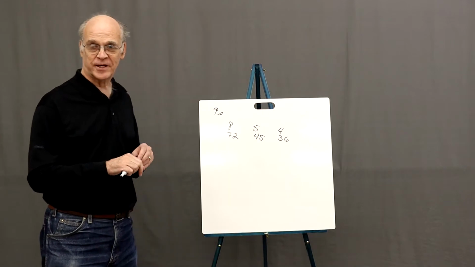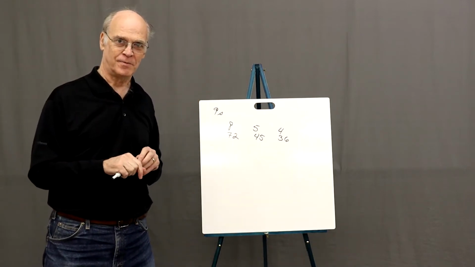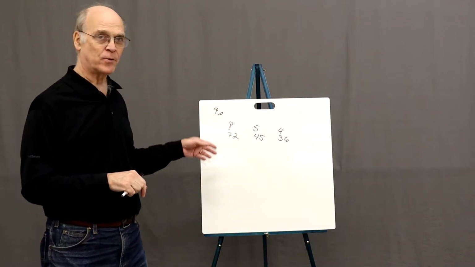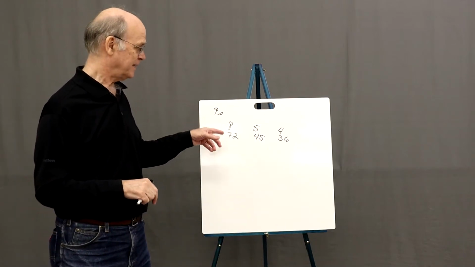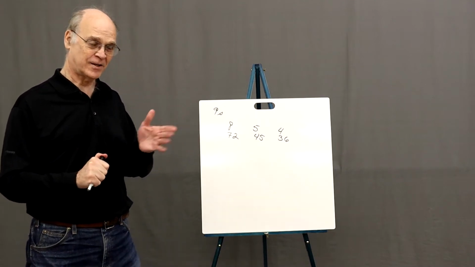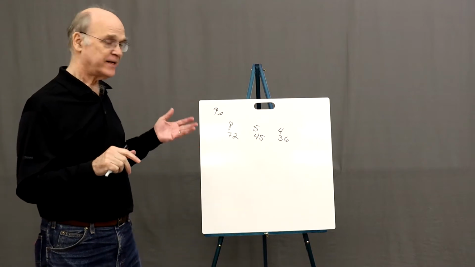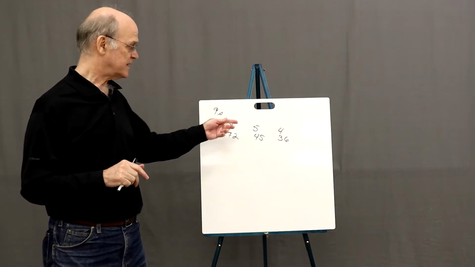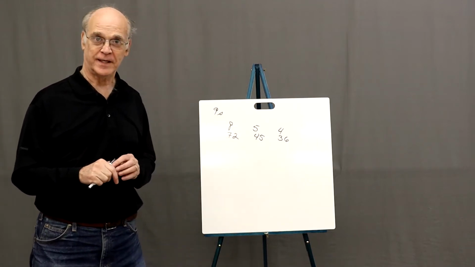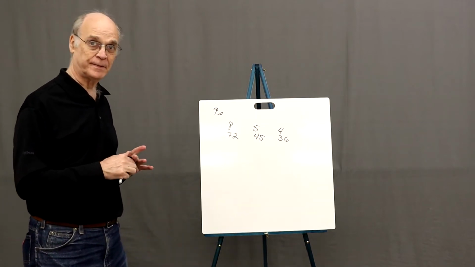To the teachers out there, you'll notice I did not line them up in the correct manner. I didn't put my ones in my ones column. I offset it the other way because for all of you, there is a relationship here between the 8 and the 7, the 5 and the 4, and the 4 and the 3, and you all can tell that we have simply subtracted 1.